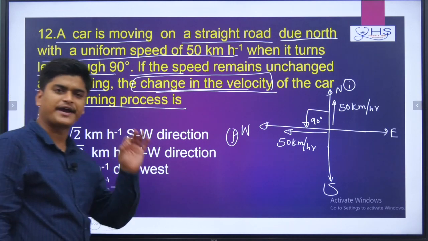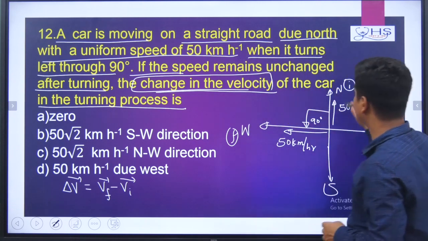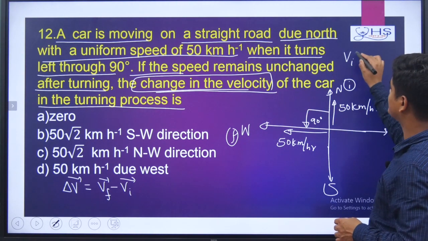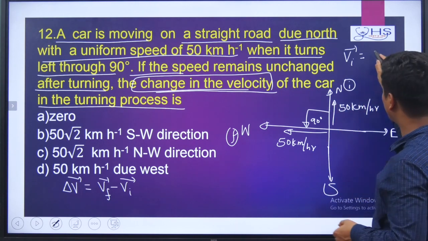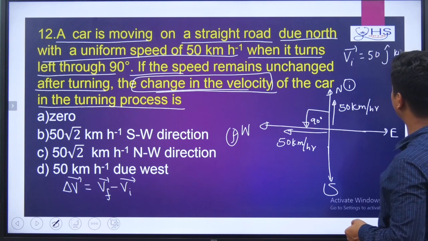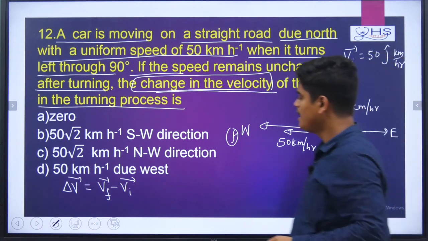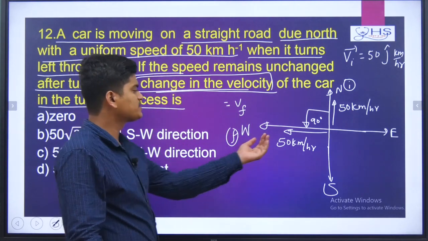First we will understand it vector-wise, then we will solve this question. What is the initial velocity vector? It is 50 km per hour in the upward direction, so 50 j cap km per hour. Now v final is towards west.